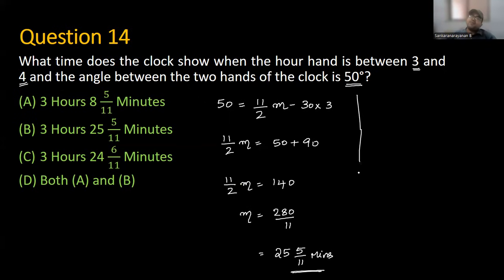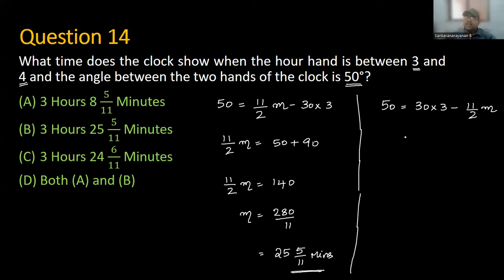But please note, when I am removing that modulus symbol, mod of a minus b, when you remove the mod, a minus b or b minus a, both could be there. So I am now considering the next possibility, 50 is equal to 30 into 3 minus 11 by 2 m.